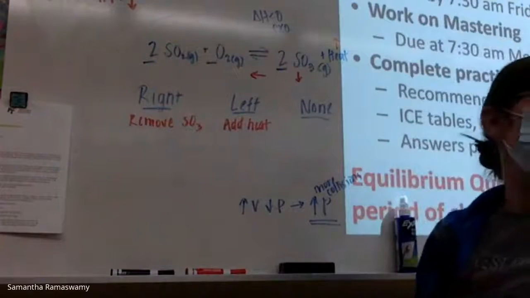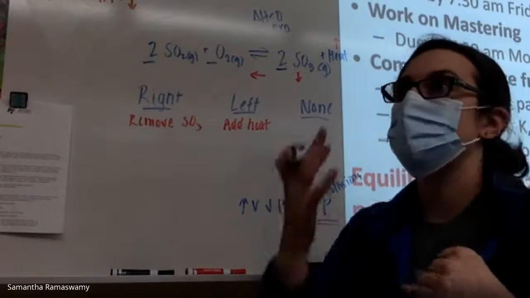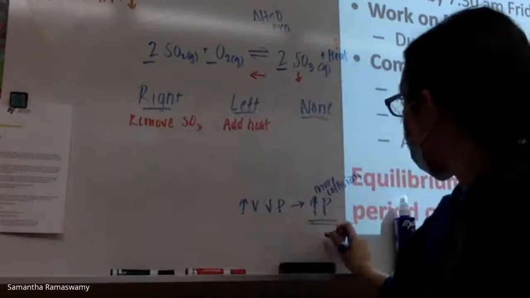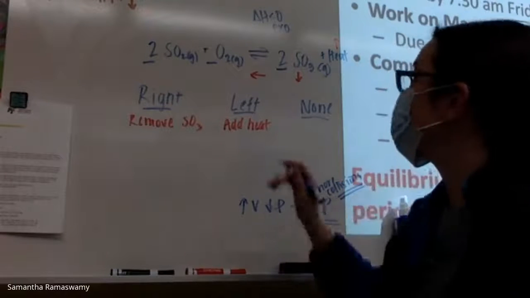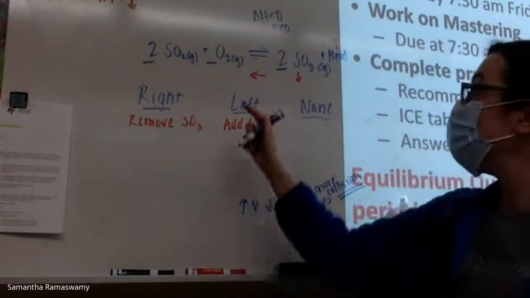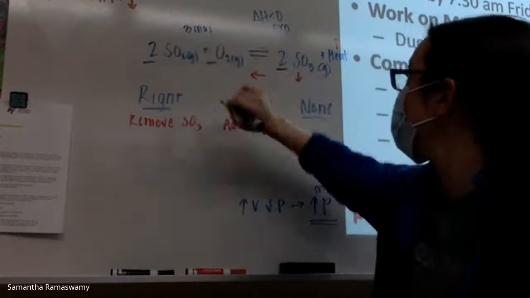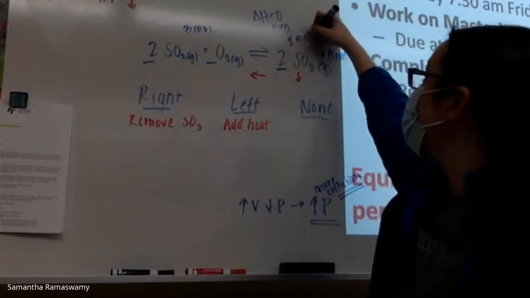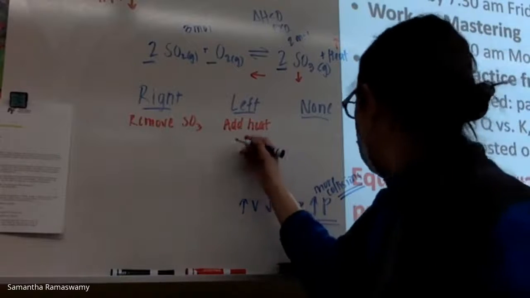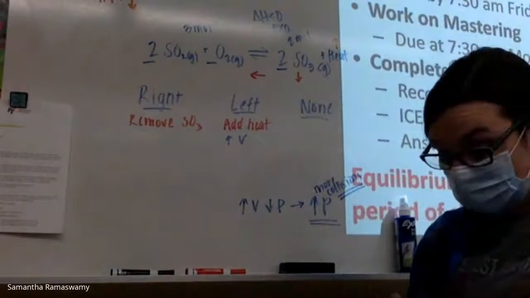Changing volume and pressure doesn't have a set shifting like exo or endothermic; you always just look at the moles. If we want more collisions, we shift to the side with more moles of gas. We have 2 + 1, so 3 moles on the left, and 2 moles on the right. So which side would we shift? The left. Increasing volume results in a shift to the left.